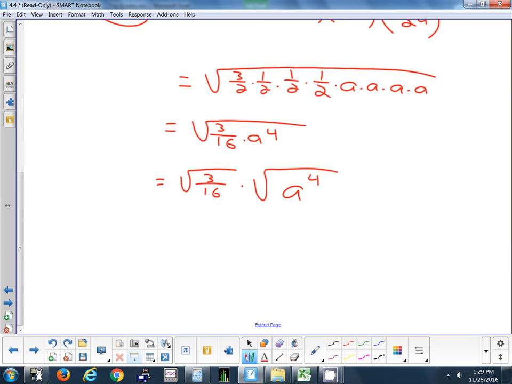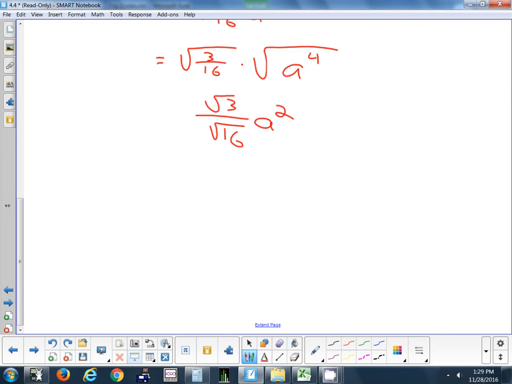Let's look at that second part. What's the square root of A to the 4th? Yeah. What times itself gives you A to the 4th? A squared times A squared. And now the first part, you have the square root of a fraction. Well, you can break that up even more and take the square root of the top and the bottom separately. And which one of those square roots will actually just disappear?